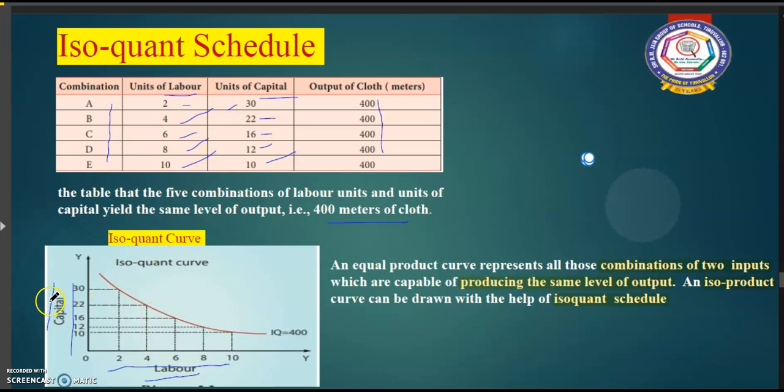So if you join these points you will get an isoquant curve. Here the same output, that is IQ equal to 400. So an equal product curve represents all those combinations of two inputs which are capable of producing the same level of output.